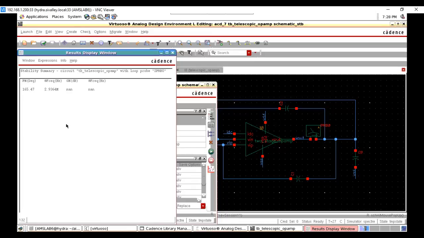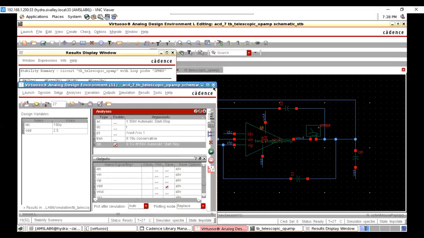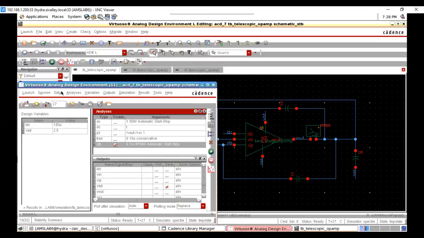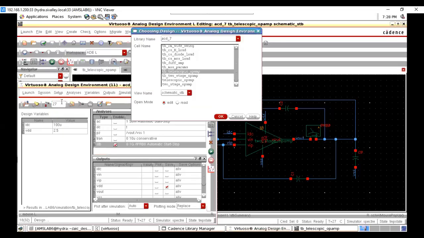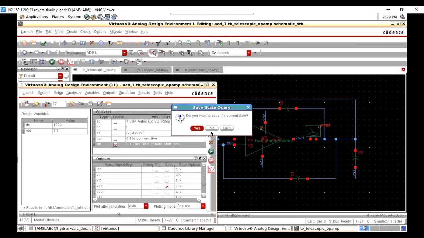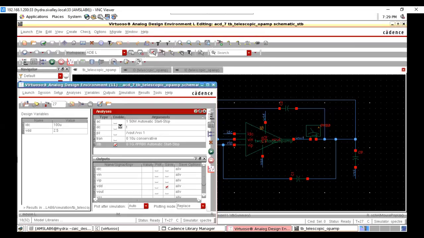How much did you get phase margin previously? Anyway, we are getting a result, but it's fine, it means we are on track. But why it's coming 165, we need to check it here.